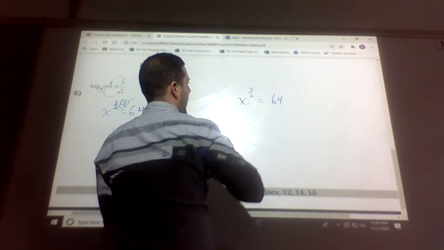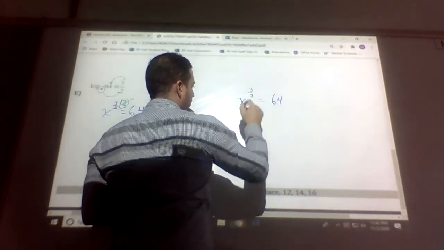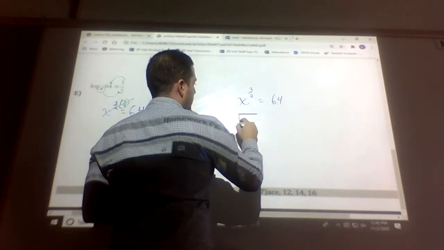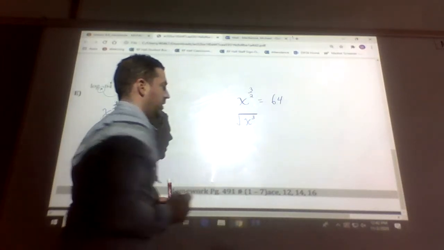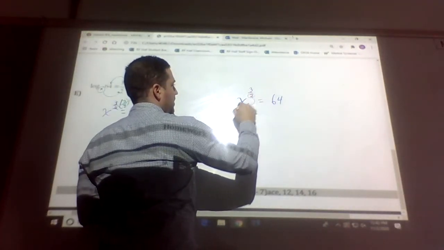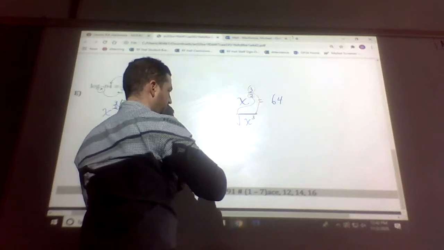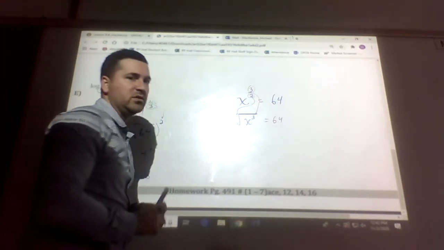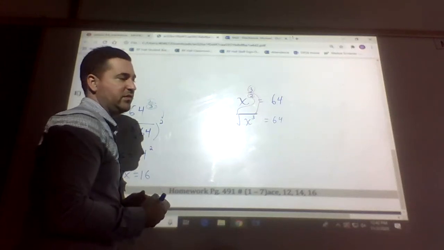So we can convert the x to the 3 over 2 into the square root of x to the power of 3. This becomes your root, so the square root, and this is your exponent. So you can do it this way, and then go step by step to solve for x.